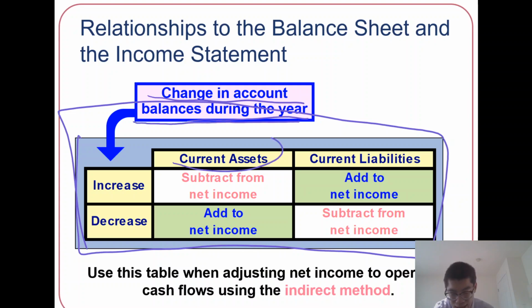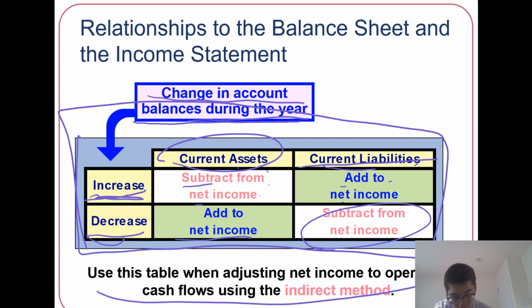If current assets increase, we subtract from net income. If current liabilities increase, we add to net income. If current assets decrease, we add back to income, and if current liabilities decrease, we subtract from net income. This is only used for the indirect method.